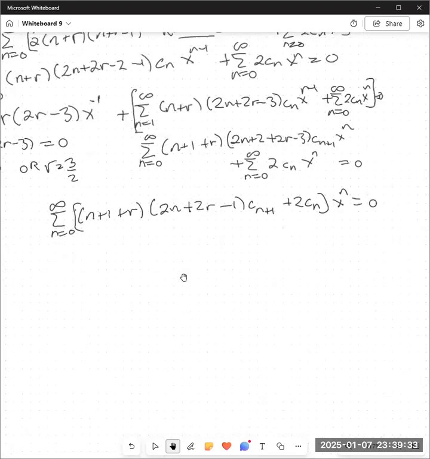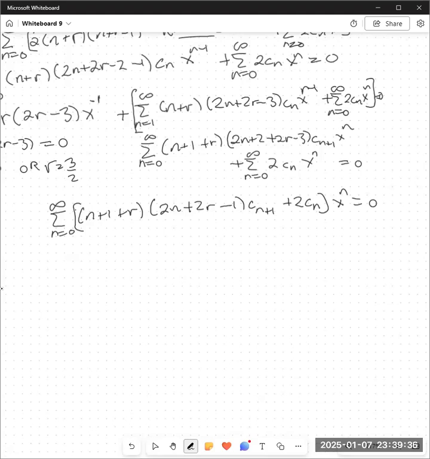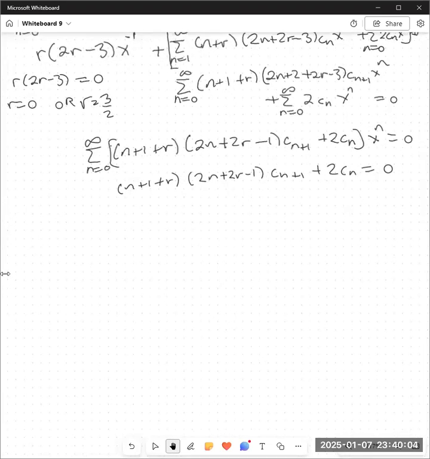Okay, so now I'm going to take just this coefficient part equal to 0. I don't want the x to the n to be 0. That doesn't help us. So n plus 1 plus r times 2n plus 2r minus 1, c sub n plus 1, plus 2 c sub n is equal to 0. And I'm going to have two cases. So case 1 is r equals 0.